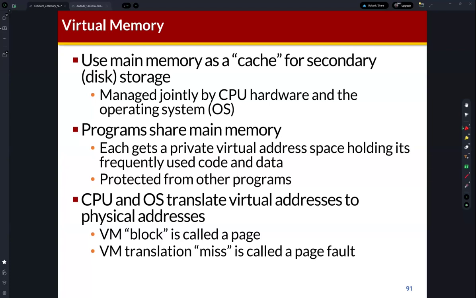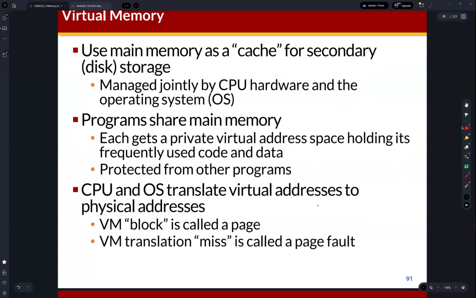As I mentioned, the original virtual memory was designed for small memory space. It means that DRAM was very expensive, and the size of DRAM was also very small. So the idea is that we can use the DRAM space as the cache, and we can use the large storage space as the data space.